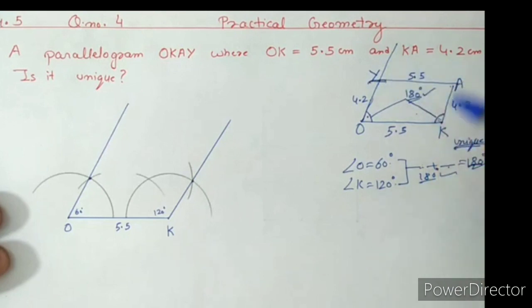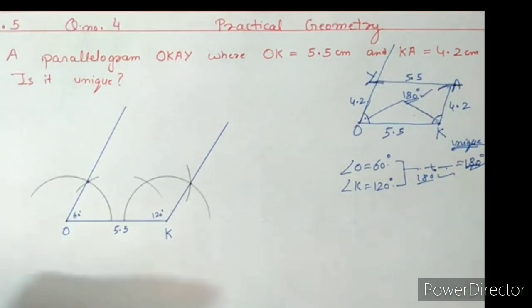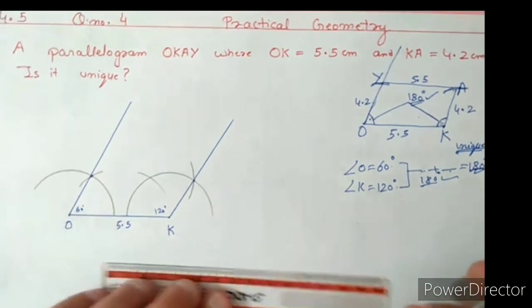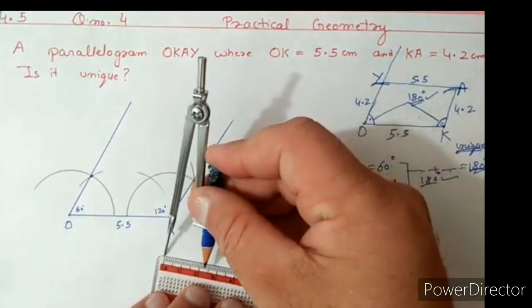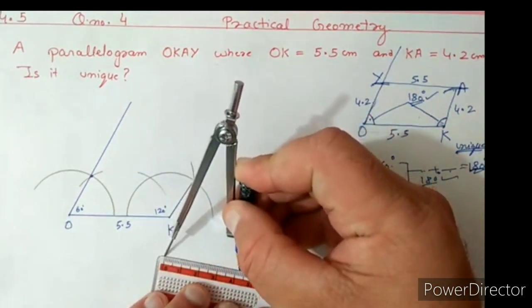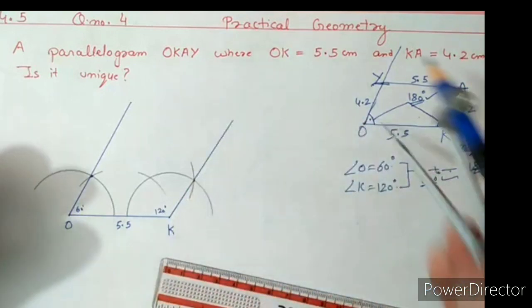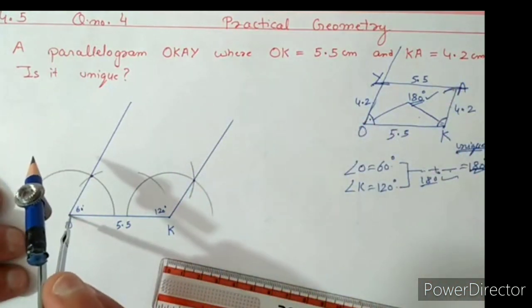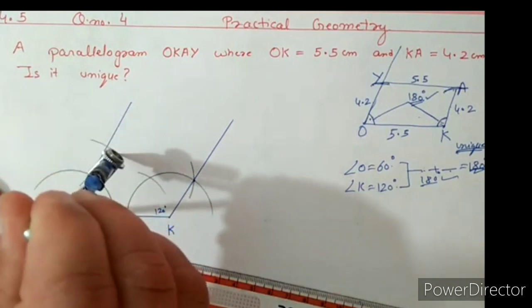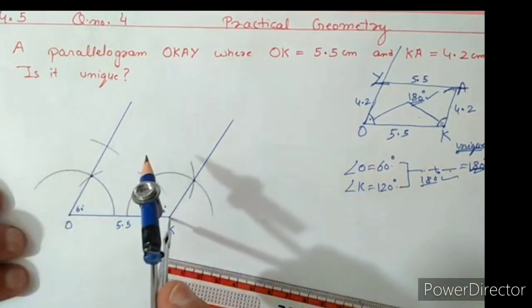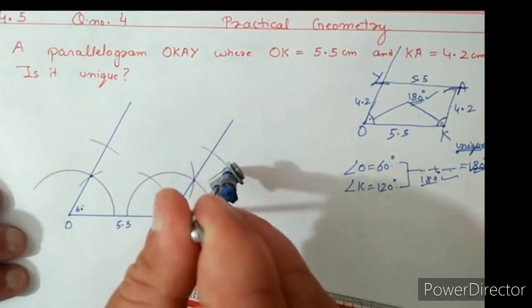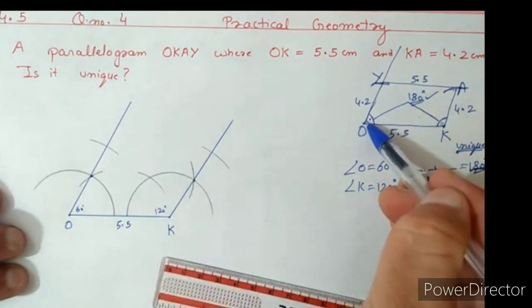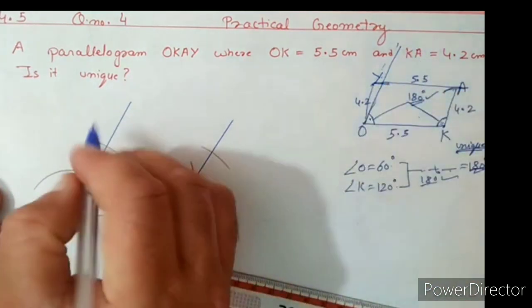Now the remaining three sides. OY is 4.2, so adjust the compass to 4.2. O as center, cut the 60 degree line. Same measure for KA also, so K as center, cut the 120 degree ray.